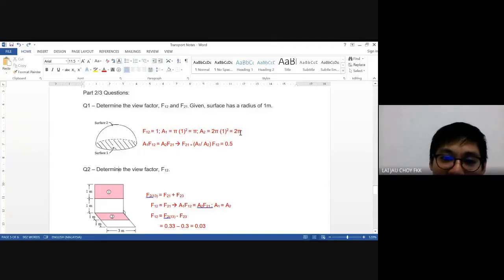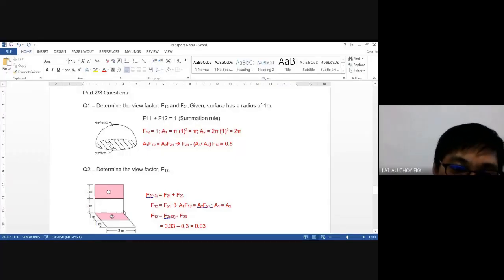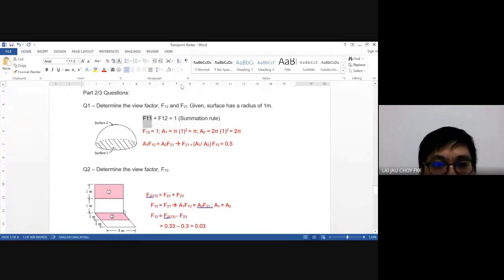So by the summation rule, F11 plus F12 equals 1. And in this case, it's very clear because surface 1 is flat, so F11 equals 0. Then F12 equals 1.